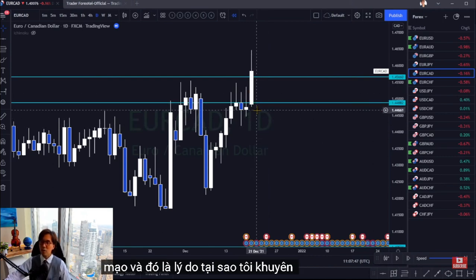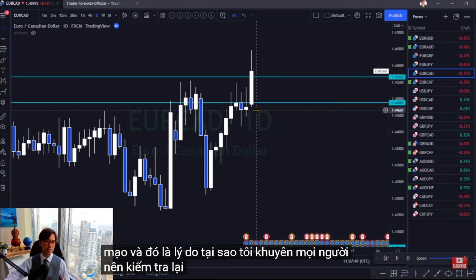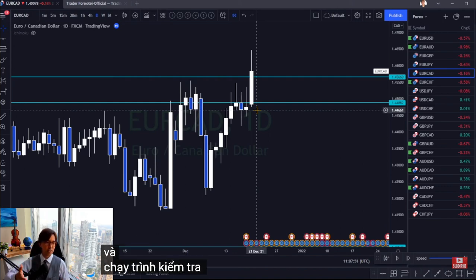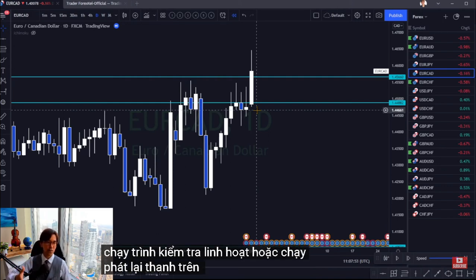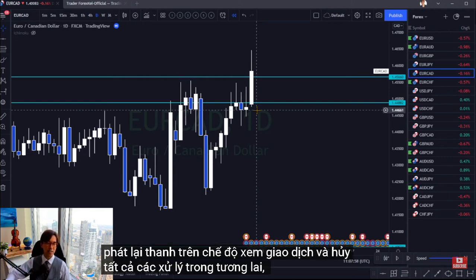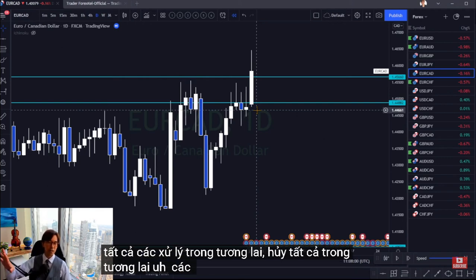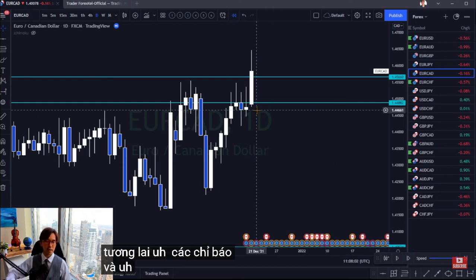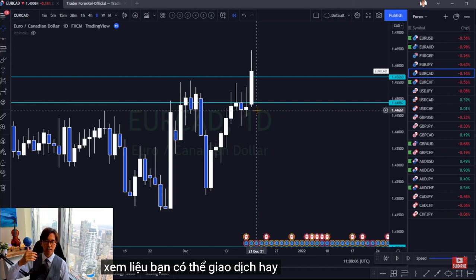And that's why I recommend everybody to backtest and run the Forex Tester or run the bar replay on TradingView, and cancel all the future candles, cancel all the future indicators, and see if you can analyze charts and trade.